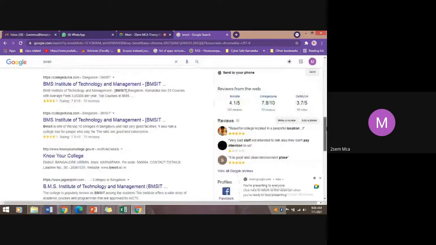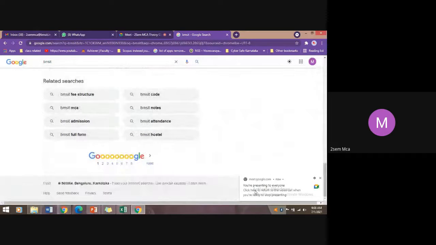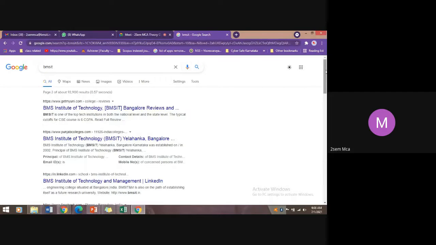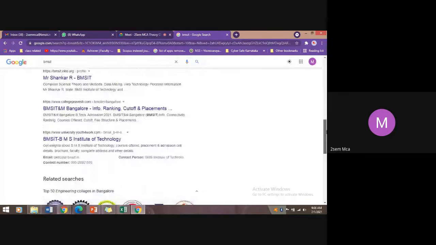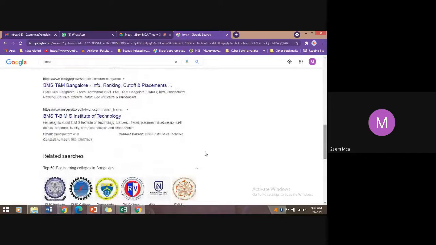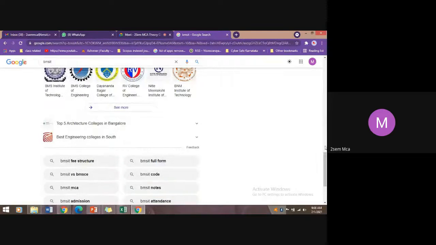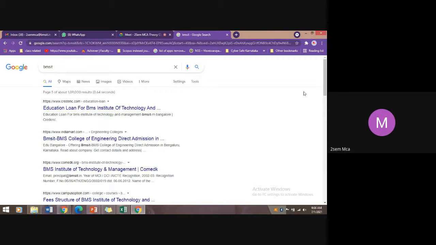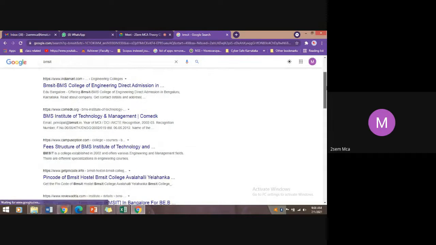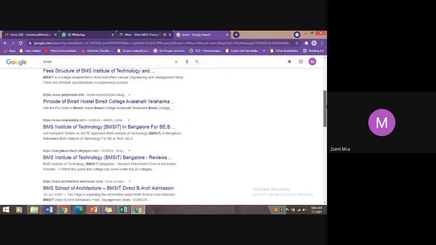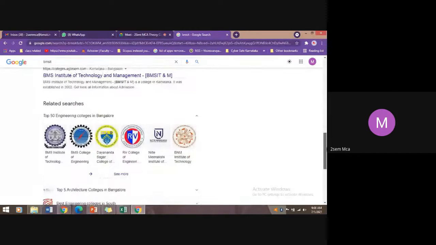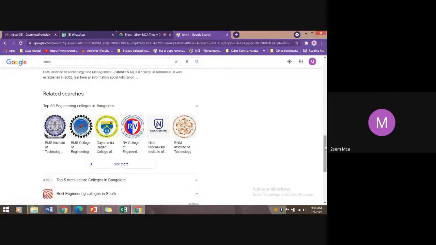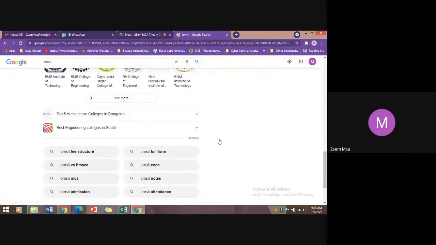If you keep on going and searching for websites in the name of BMSIT, many other BMSIT companies also exist. BMSIT is another name for something else, not only the college. Some other names are also there.